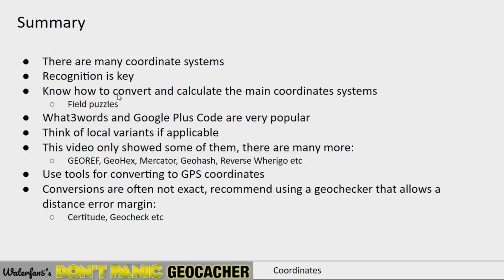So for the main ones that we just talked about, I would recommend that you know how to do the calculations. So that was the plus or the multiply by 60, divide by 60. And certainly for the other ones, I would recommend that you make yourself familiar with the format of them, so when you see them, that you know and recognize them as a coordinate system.